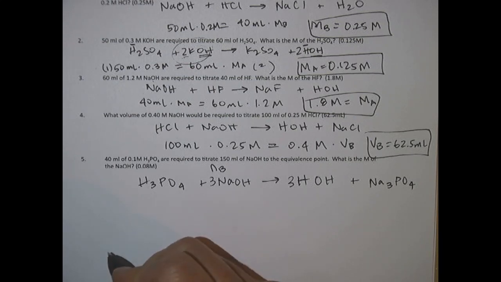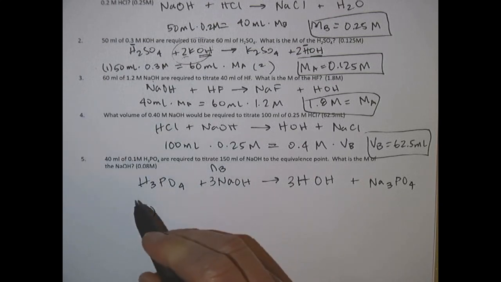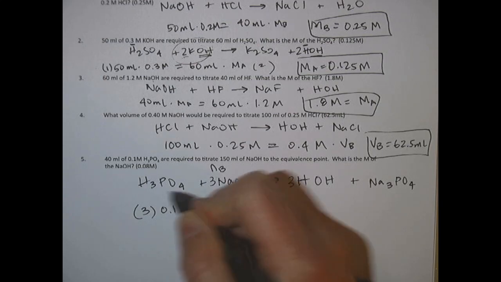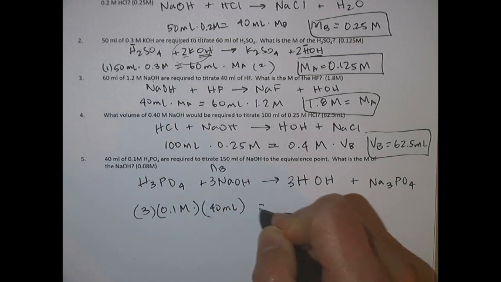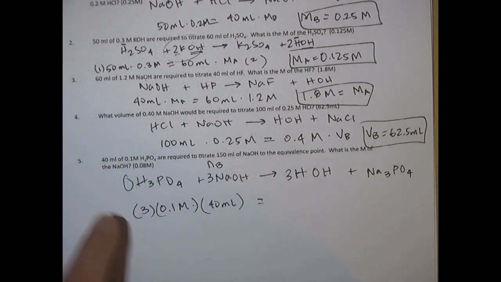Okay, so then to solve it, the setup is number of moles of base, so 3 from the balanced reaction. The molarity of the acid is 0.1 molar. The volume of the acid is 40 milliliters. Set it equal to the base side, the number of moles of acid. Well, there's just nothing there, right?